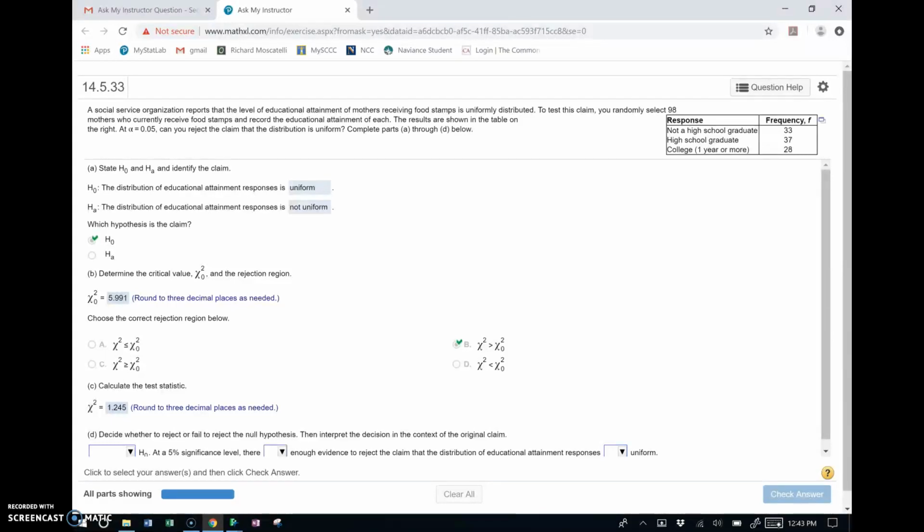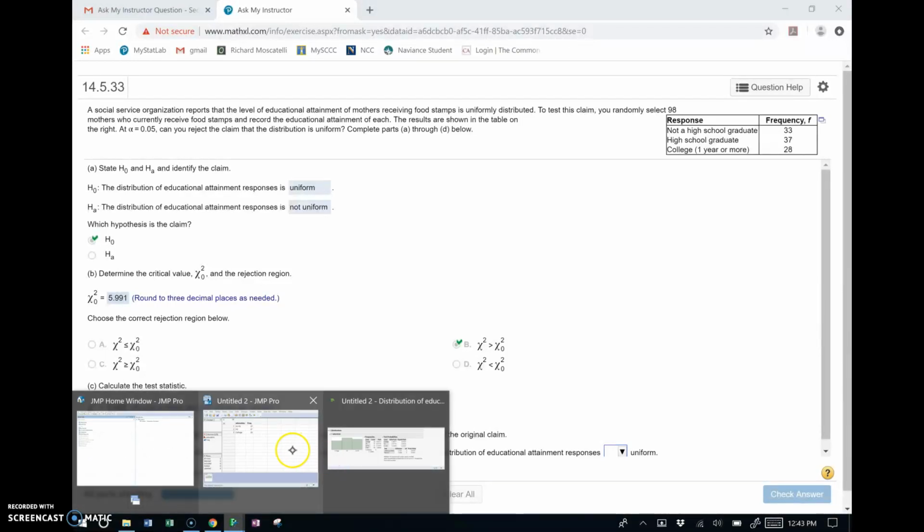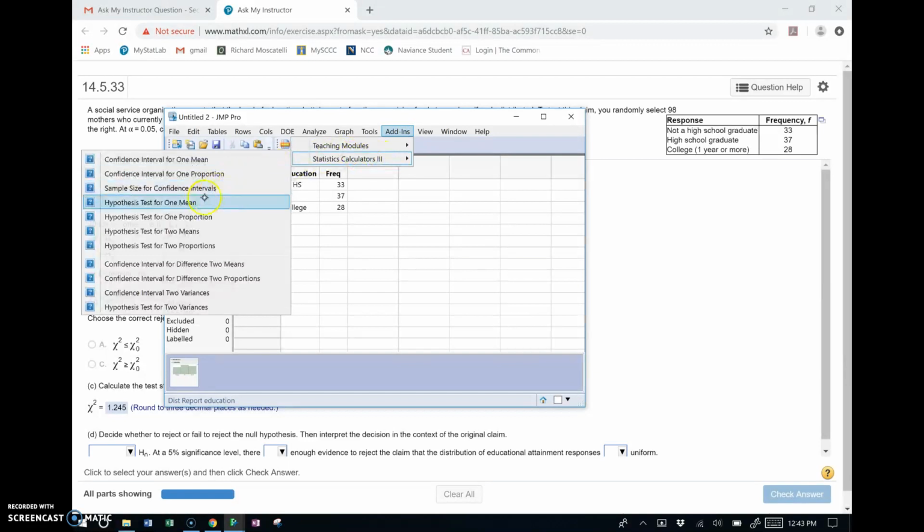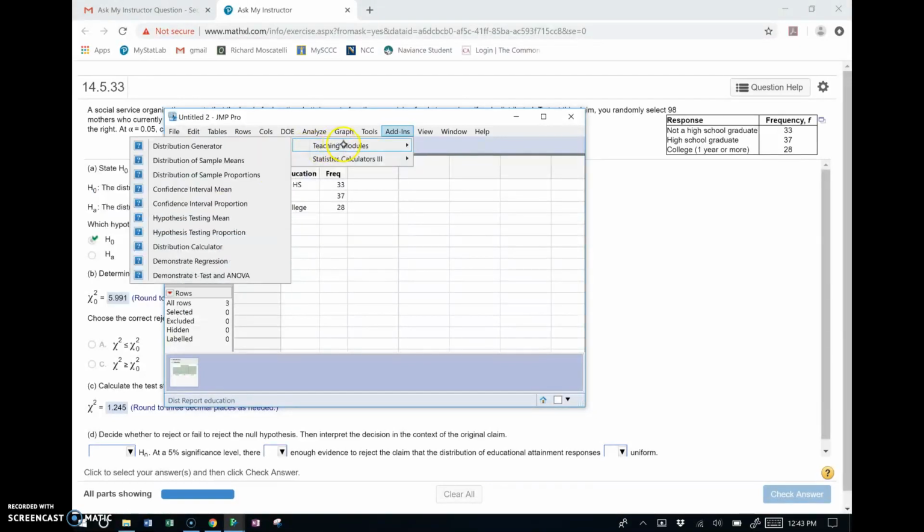The critical chi-square value, don't forget where that comes from, critical chi-square. Well, critical chi-square we could get from JMP as well, don't forget. In our add-ins menu, in our statistical calculators, where is it? Sorry, it might be in teaching module. Sorry, there it is, distribution calculator.